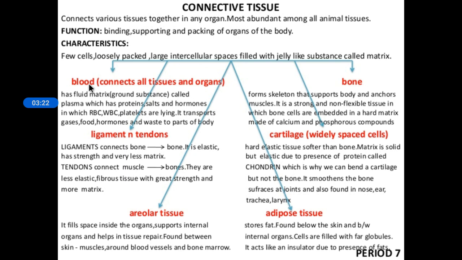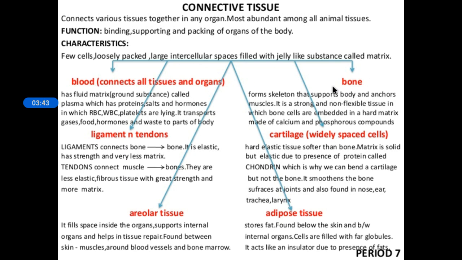So if they ask to name the fluid connective tissue, what is the answer? Yes, blood. Blood is a fluid connective tissue. And what makes it fluid? The matrix called plasma. Okay.